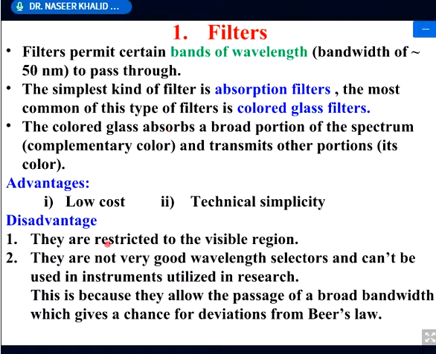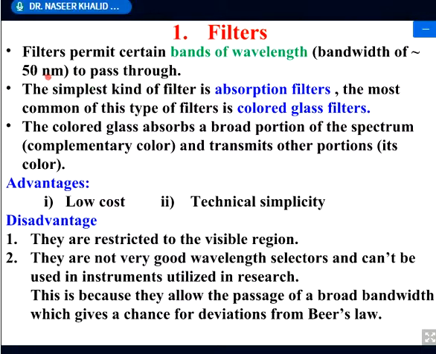The disadvantages are that they are restricted to the visible region. We can't use them in the UV region, because colored glasses can't be used in the UV region. They can only be used for the visible region, and they are not very good wavelength selectors.